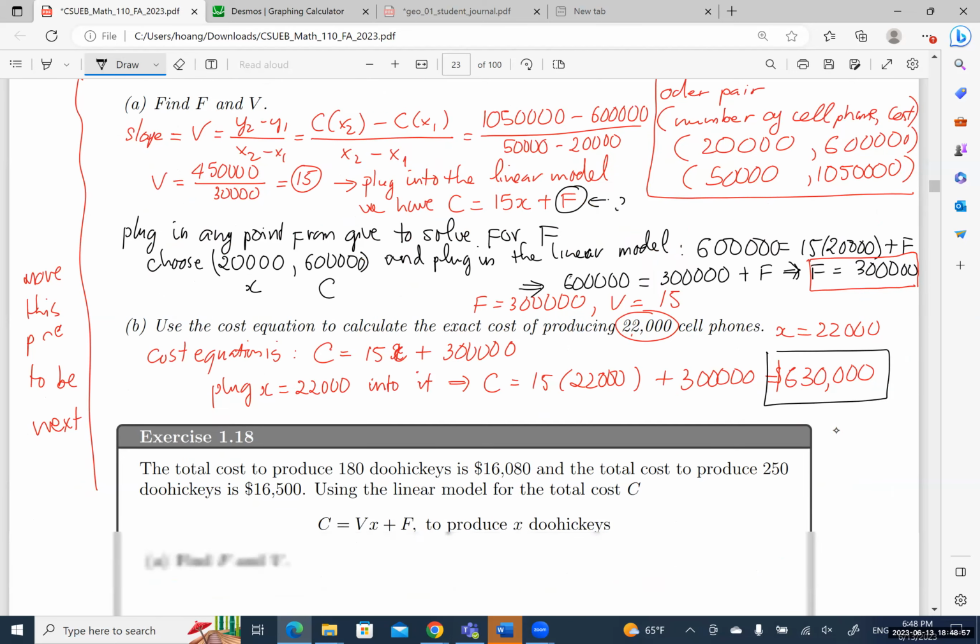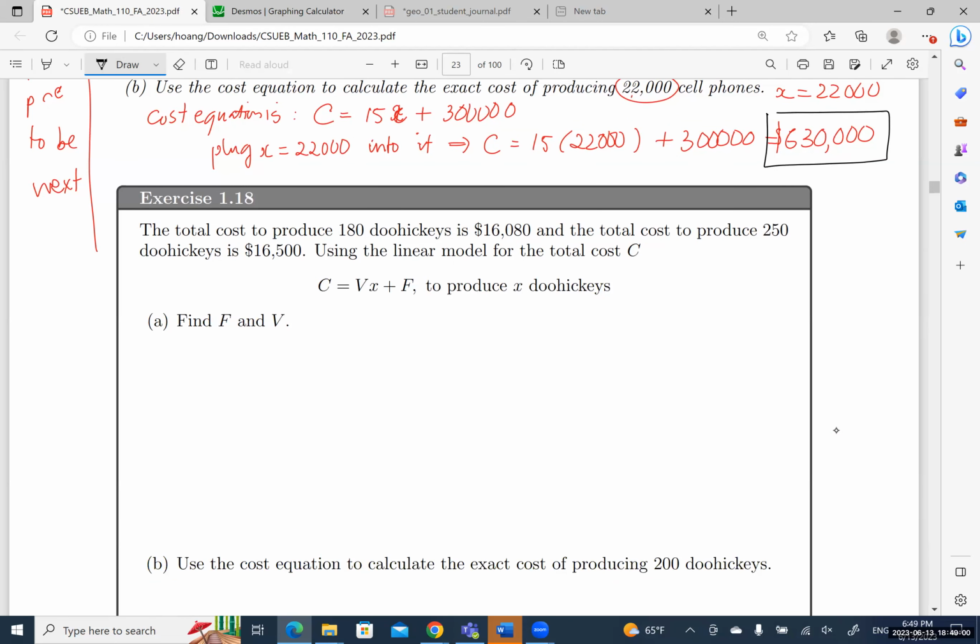So I'm going to leave exercise 1.18 for you guys to practice, and I can give you the answer key for F and V. Let me actually type it. Say F will be equal to 1,500 and V equal to 6.